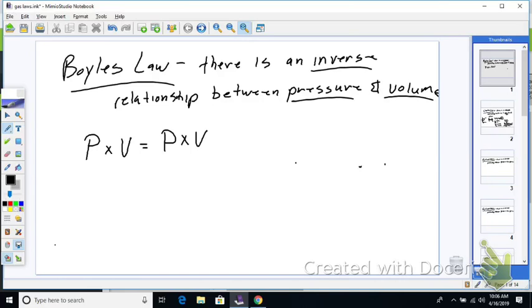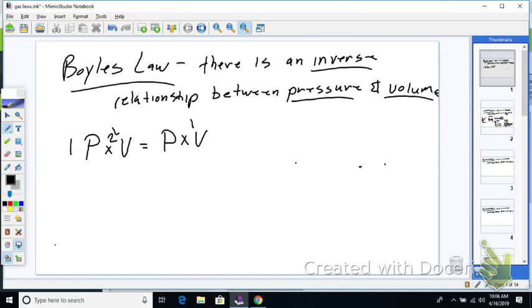So let's say we have a pressure of 1, and let's say the volume is 2. Then let's say that we reduce the volume to 1, which is half as much, right?